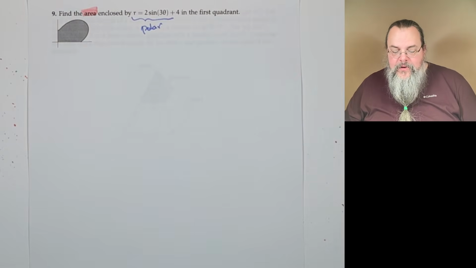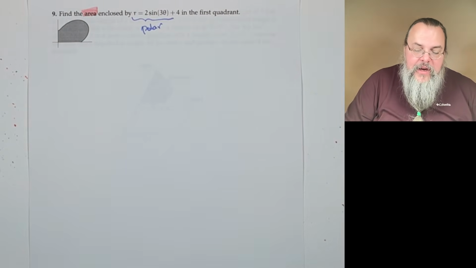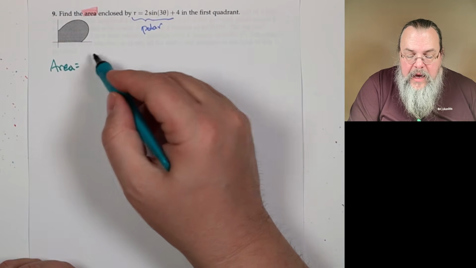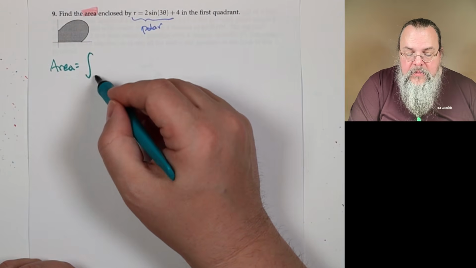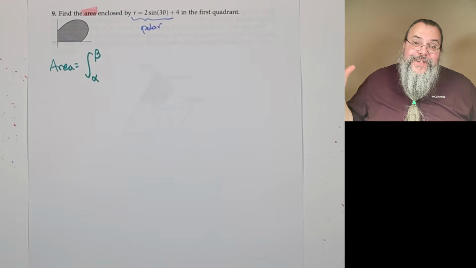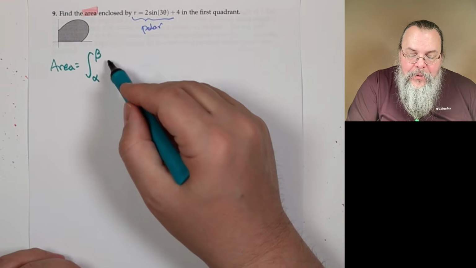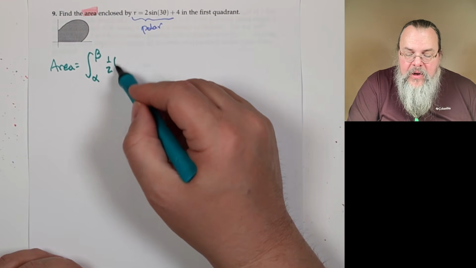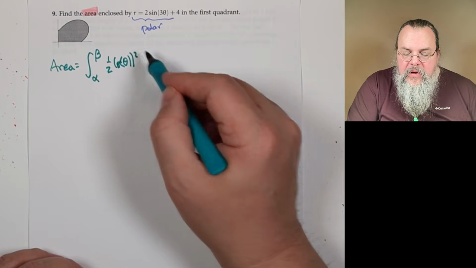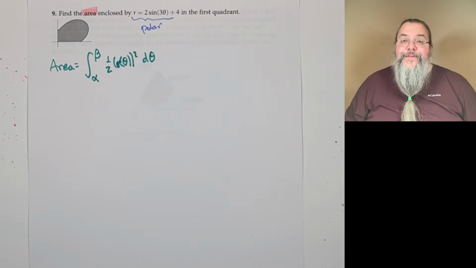What's our formula? The area is add up from start to finish, and I'm using alphas and betas because we think of these as angles, 1/2 r of theta squared d theta. So 1/2 r squared.